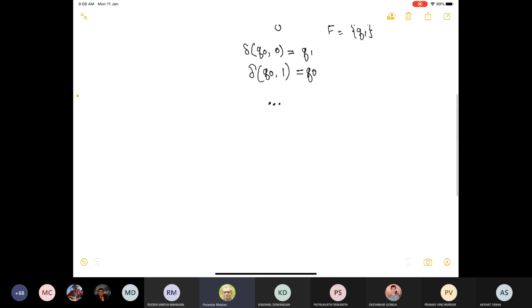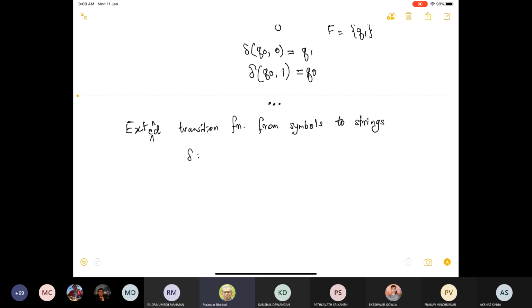Right. So the first thing to do is to extend this transition function from symbols to strings. So what do we mean by that?